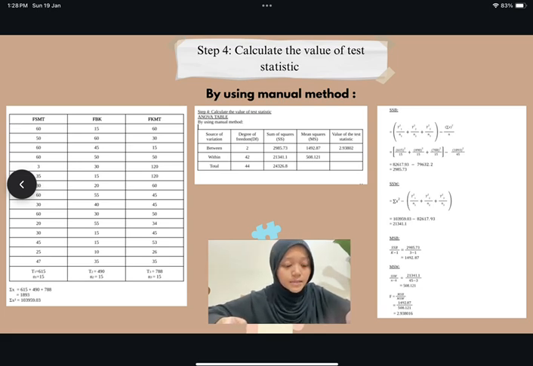For SSW, we got 21341.1. And MSB, we got 1492.87. MSW, 508.121. And last, F, we got 2.938016.